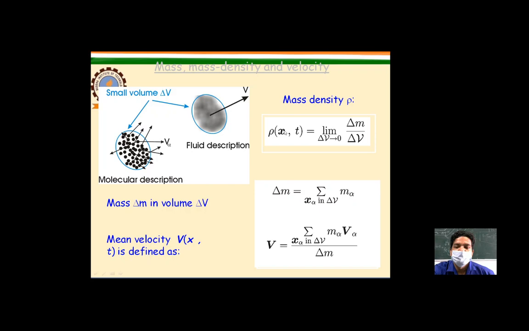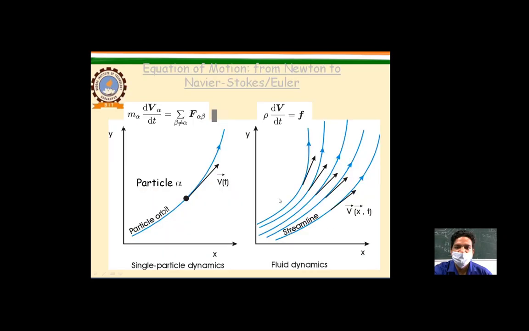Here rho is a function of position x and time t, as delta V tends to 0. This denotes the mass density.